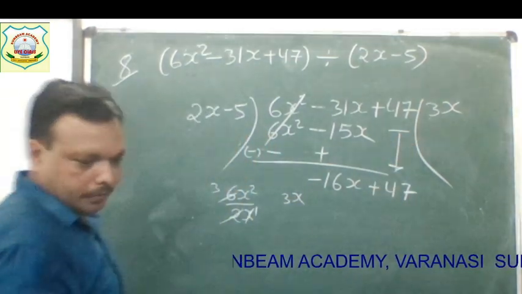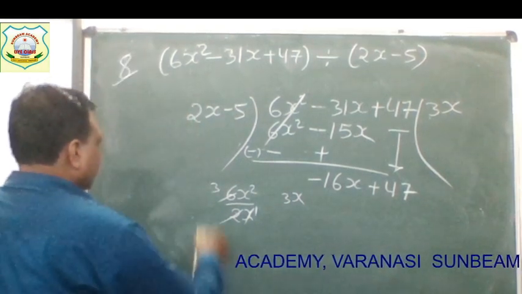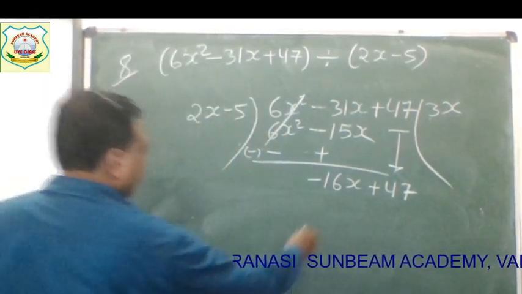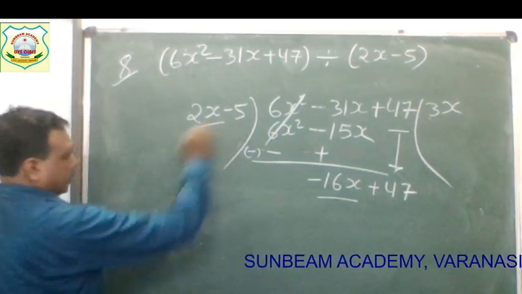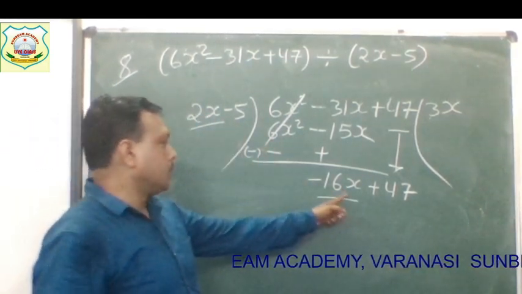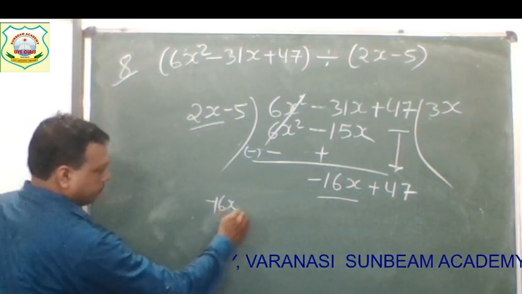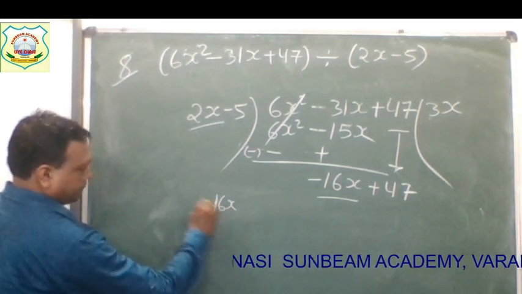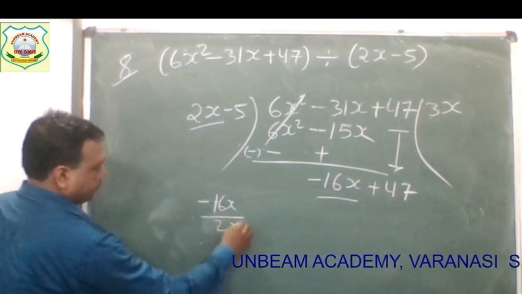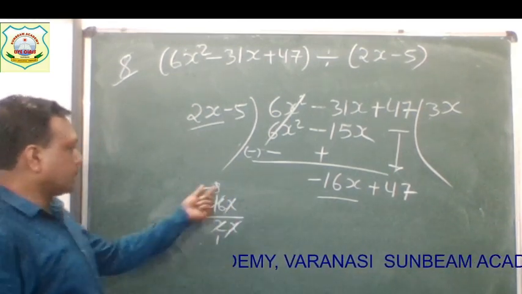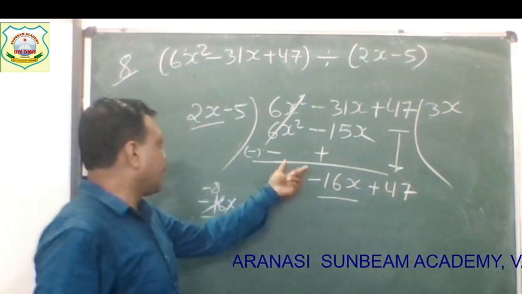This value we will write here. Now students, what do we have now? Minus 16x and 2x. So x will be cancelled. 2 times 8 is 16. See, minus 8. 8 times 2 is 16 and x.